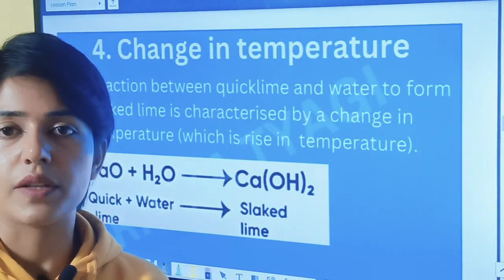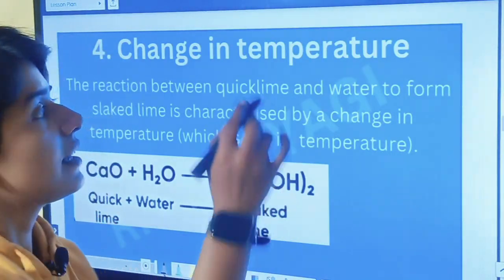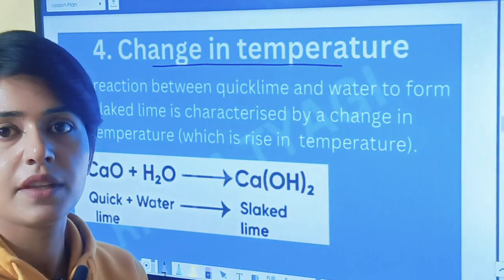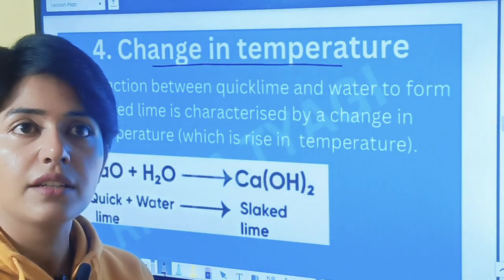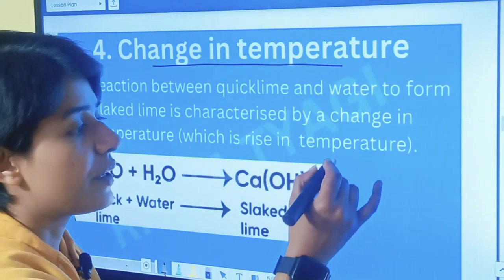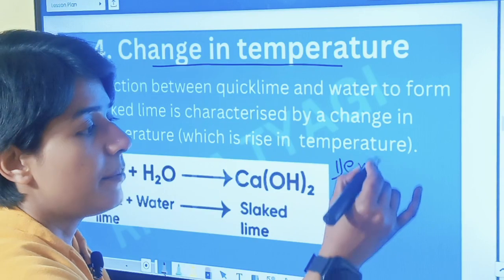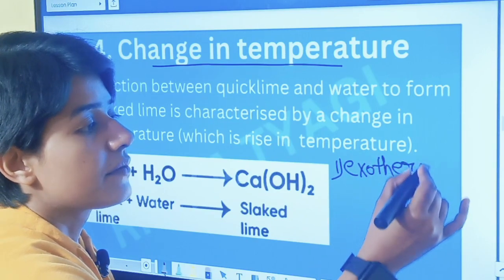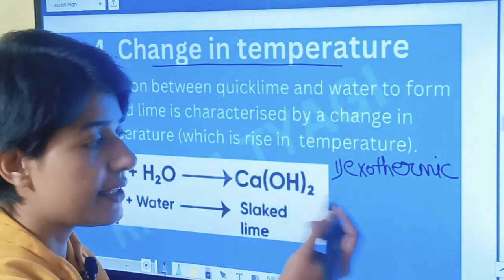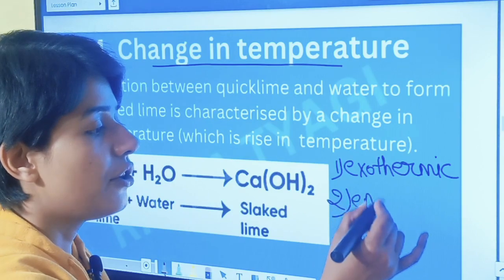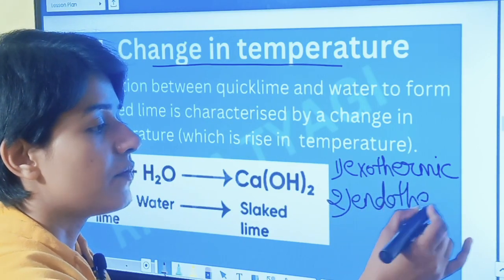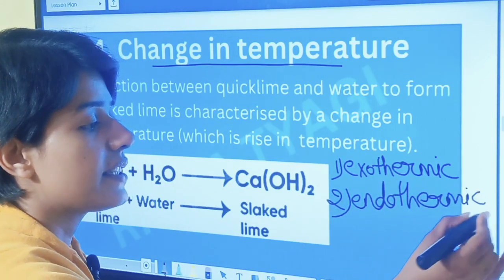The fourth characteristic of a chemical reaction is the change in temperature. Here we are discussing two types of reactions. First, exothermic, that is heat releasing reactions, and second, endothermic reactions, which we are discussing under this heading.